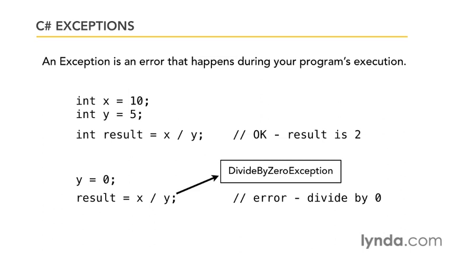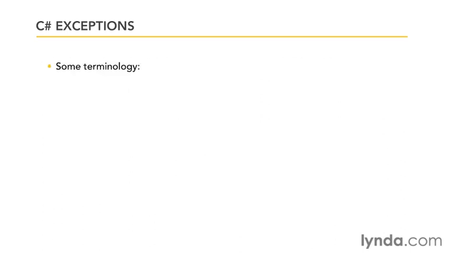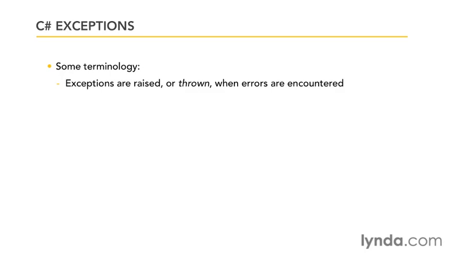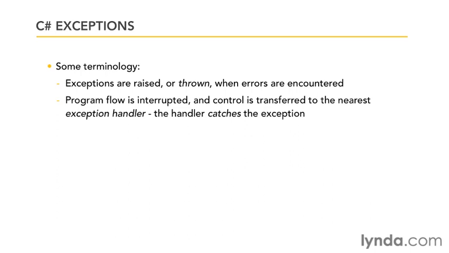So before we go any further, let's learn about some exception terminology. Exceptions are raised, or using object-oriented nomenclature, they are thrown when an error is encountered. Now, when an exception happens, the normal flow of the program is interrupted, and the control is transferred to the nearest exception handler.